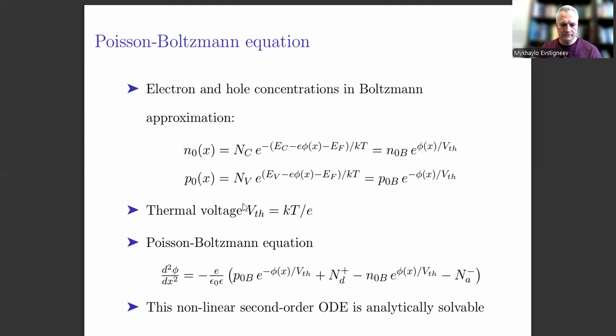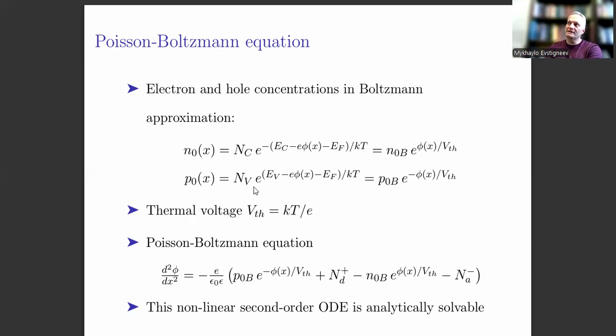As for holes, we use the same idea. So the general expression for hole concentration, which was derived previously, was NV, the effective density of states at the top of the valence band, times exponential to the power EV minus E Fermi over KT. EV is the energy at the top of the valence band.